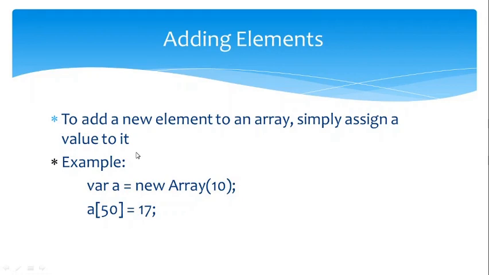For example, a is equal to new Array(10), and a of 50 is assigned 17. The value 17 is stored in the place of a of 50. Like that we add. So in the array we saw how to create, how to access and how to add an element.